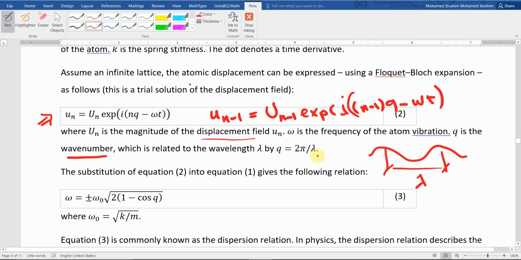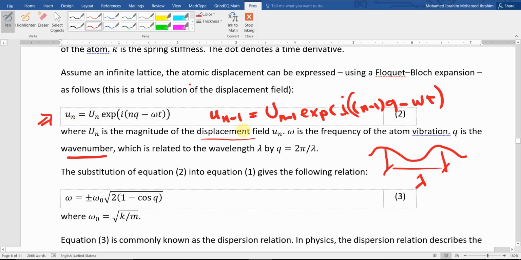It is 2 pi over lambda. Make sense? It is just something related to wave science that you should have had previous experience with in physics class. But anyway, assume that this is a trial function for the displacement of the atom n.